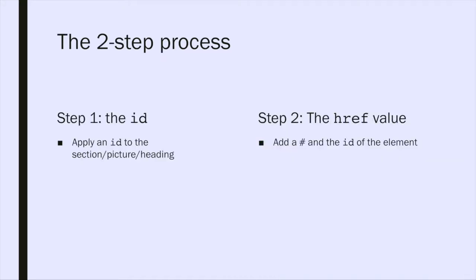The two-step process is actually quite simple. One, we apply an ID to the section or the picture or the heading on the page. And step two is we add a hashtag or a pound sign before the ID of the element. Let me explain that a little more. What happens is that we have a standard ID in an element. In this case, the ID of this p tag is login.